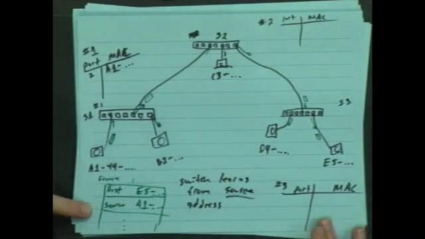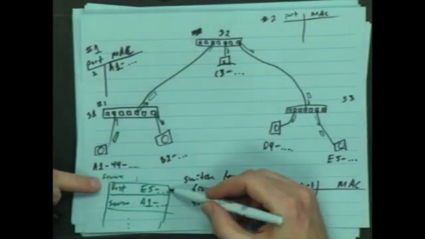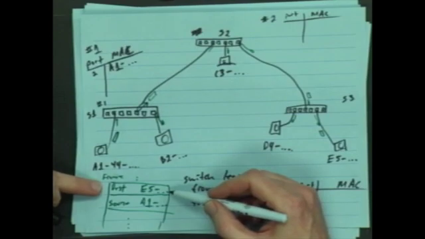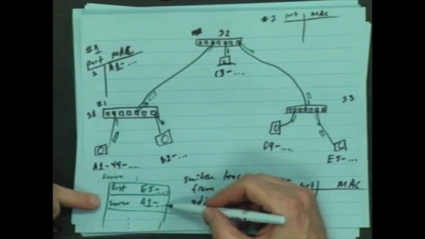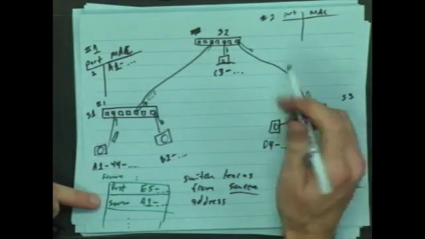Are we good at that? There's no way to know the destination. That's why we broadcast it in the first place. But if you hear something with the source address of whatever MAC address, then we can populate our switching table.